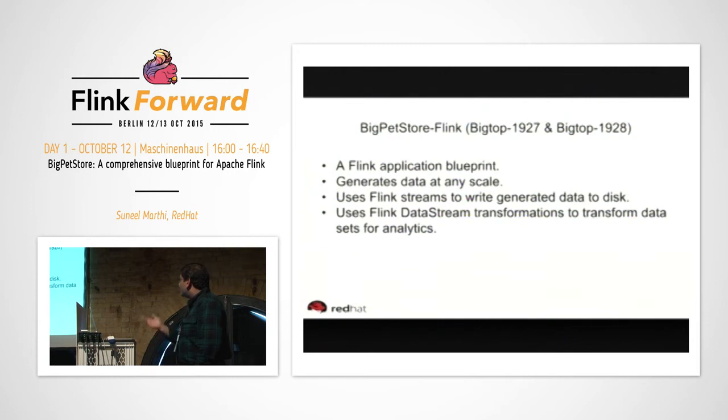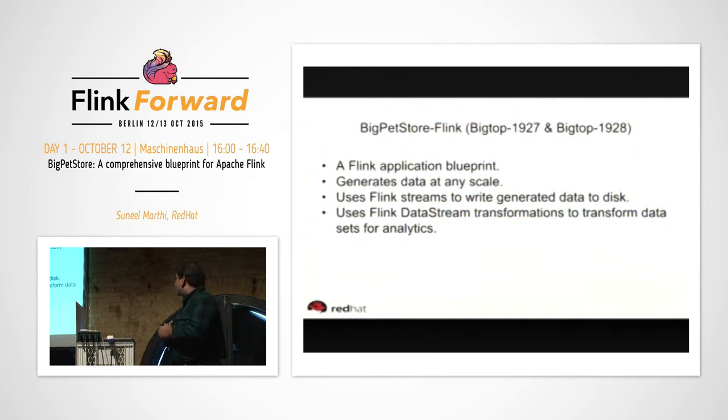So now we have been working for the last one month on the BigPetStore Flink. The reason for this is, there's been a request from AWS to integrate Flink as part of Apache Bigtop. And so there is a demand from the Bigtop community to have Flink as part of their distribution. And we thought, okay, when you integrate Flink into Bigtop and we keep having Bigtop releases, how do you sniff out Flink and see how it's performing?